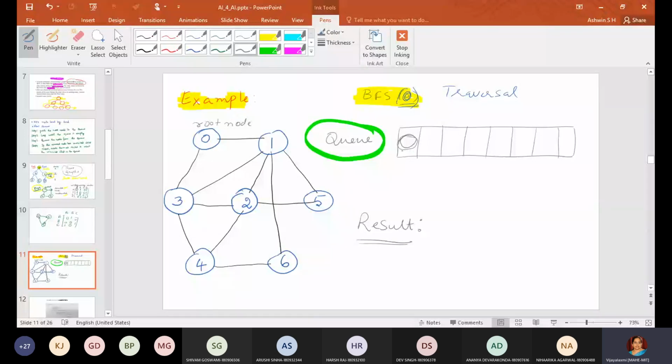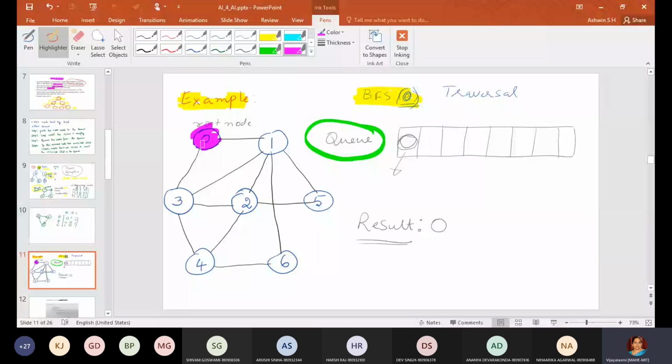Then remove the node from the queue. Now you remove 0, and when you remove it, you will write it here. That means it is the starting node. You are starting the traversal from the 0th node. That is the third step, remove the node from the queue. Now, if the removed node has unvisited child nodes, mark them as visited. Now see the root node here, this is 0. I'll mark this. So this is the root node.